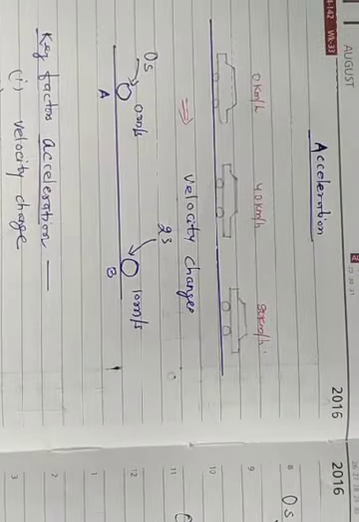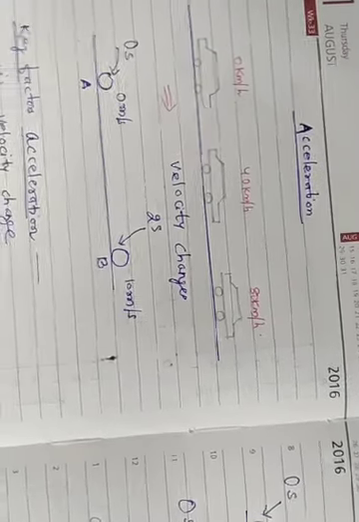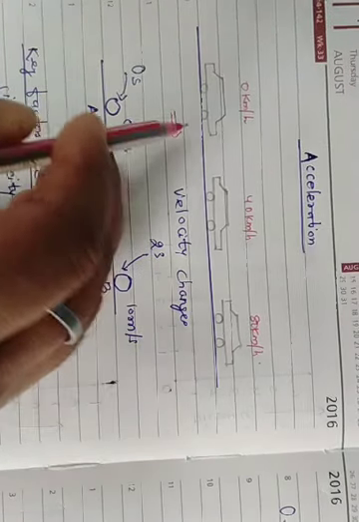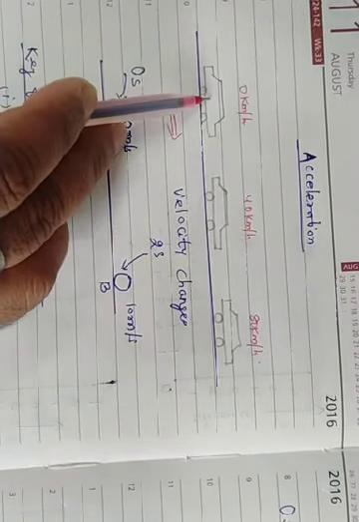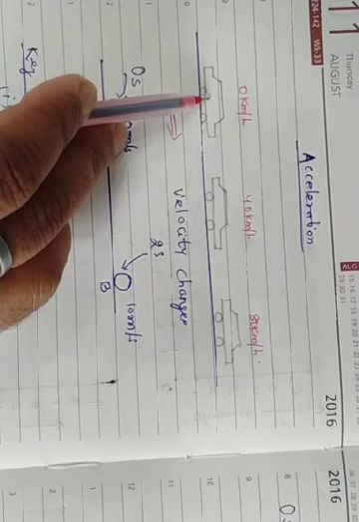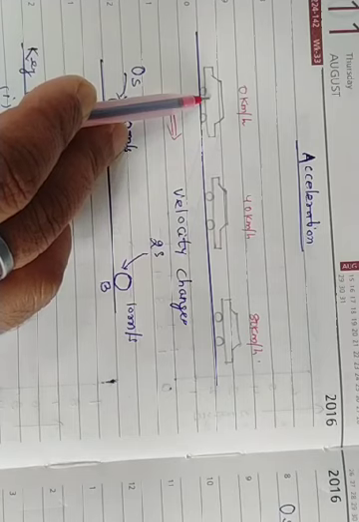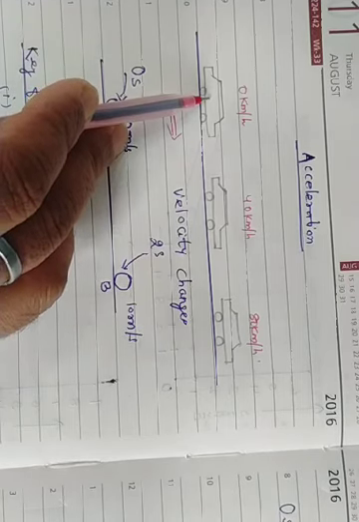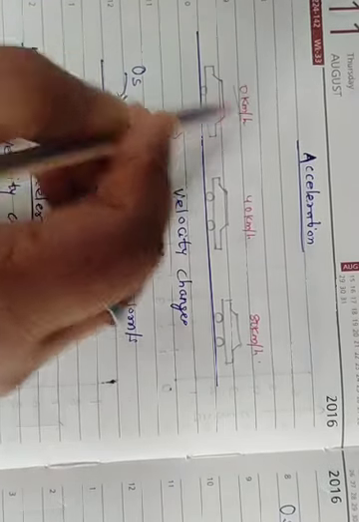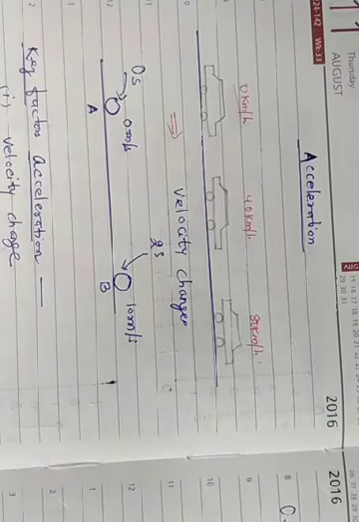Now the next topic is acceleration. As you can see the car, initially the car is standstill, having no velocity, so there will be no speed, so 0 kilometer per hour will be shown on the speedometer scale.